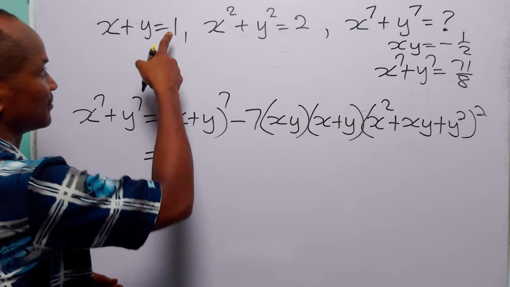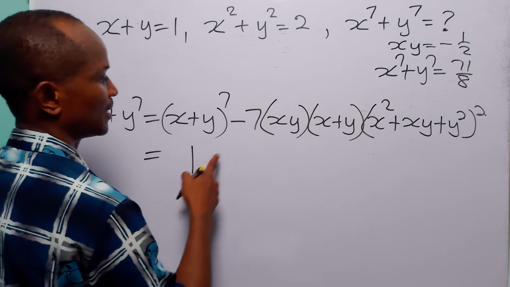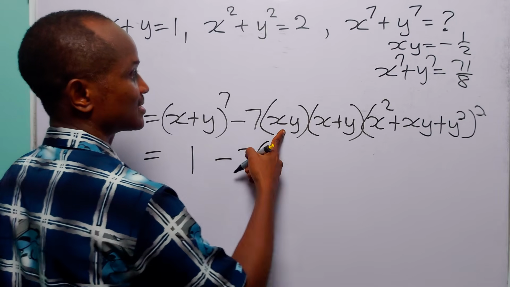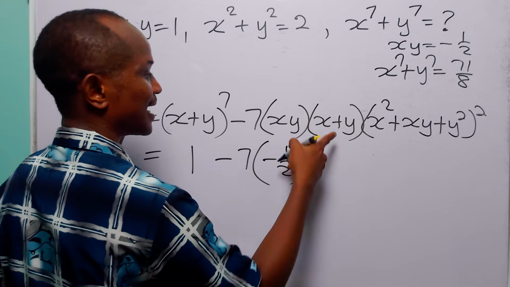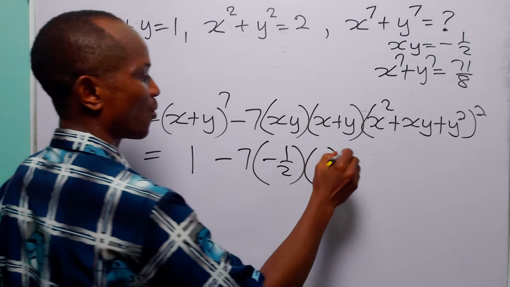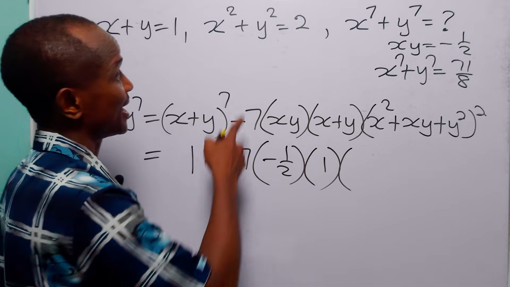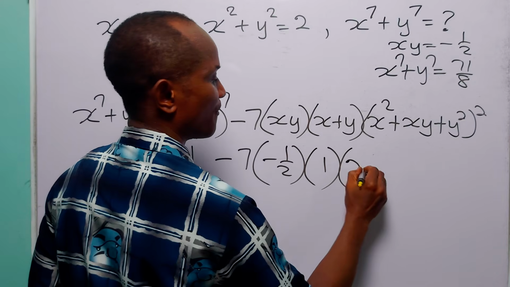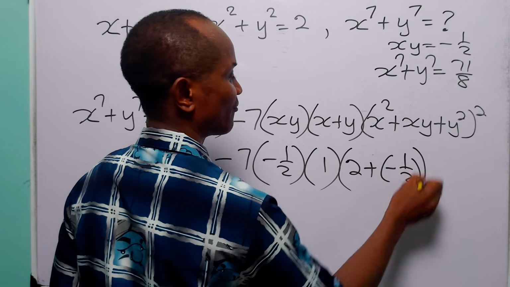X plus y is 1. 1 raised to power 7 is 1. We have minus 7 times xy, which is minus half, times x plus y, which is 1, times x squared plus y squared, which is equal to 2, then plus minus half.